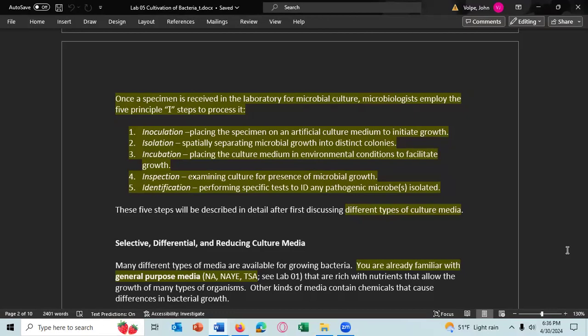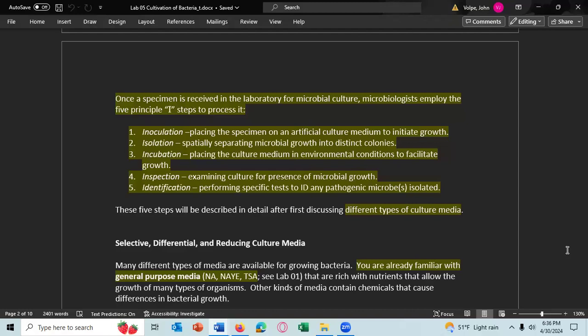Examine the culture for presence of microbial growth, and then you can get some early characteristics from the species, but you will not be able to identify it until 5, identification, performing specific tests to ID any pathogenic microbe that is isolated. And surprisingly, even in labs today, most labs identify bacteria by performing the specific tests.